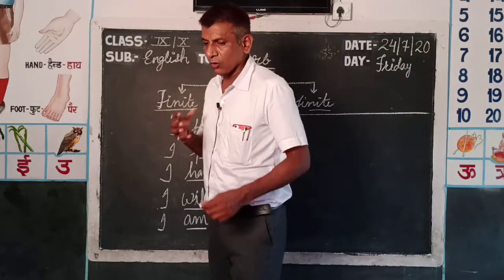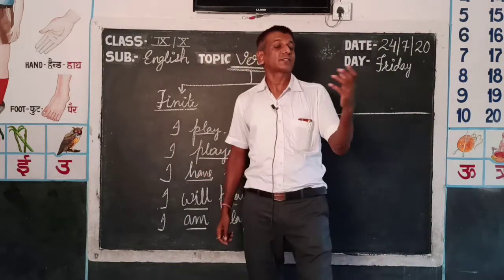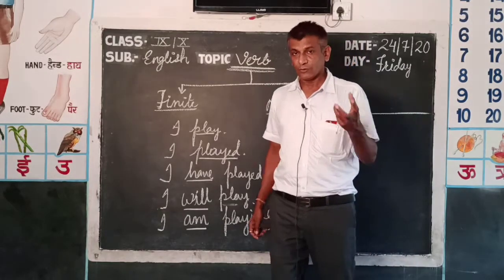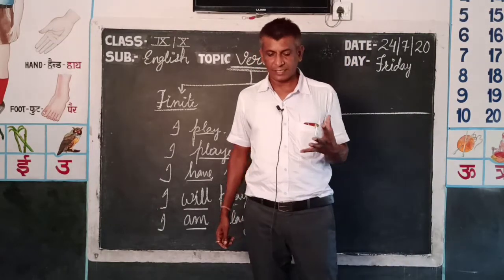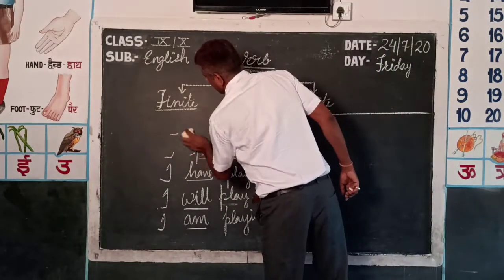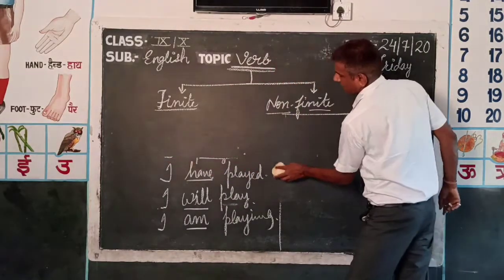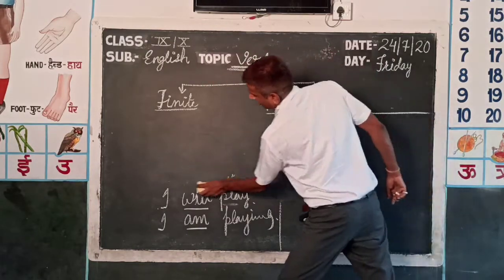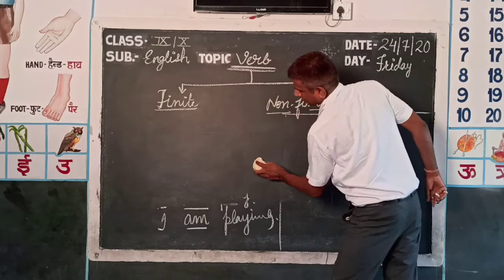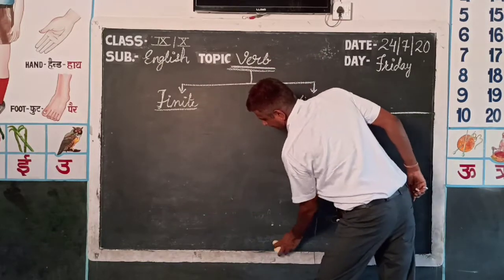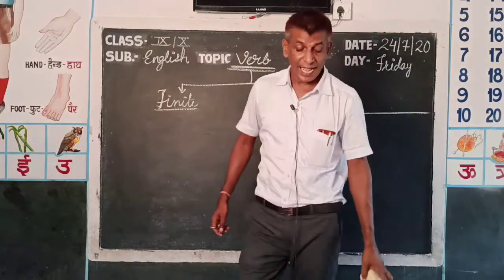Now, how many forms of verbs are there? The question is, well, I think you have studied in your 6th, 7th, 8th class about the verb forms and the kinds of verbs.